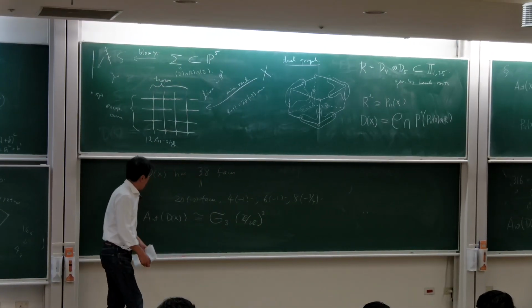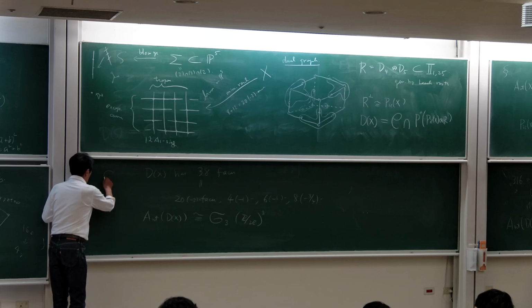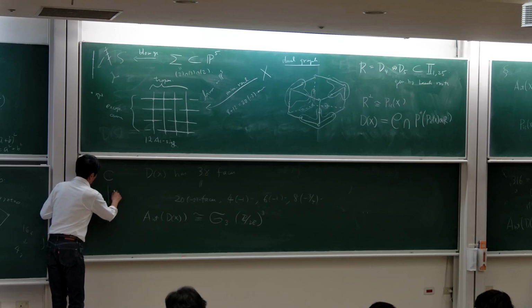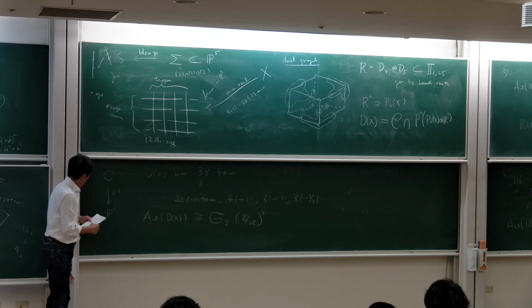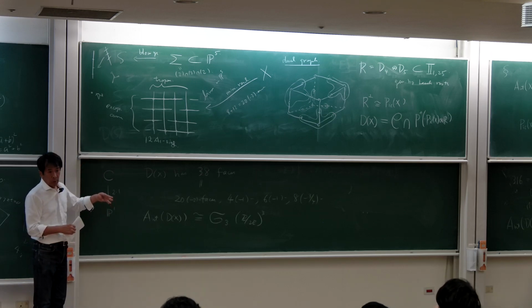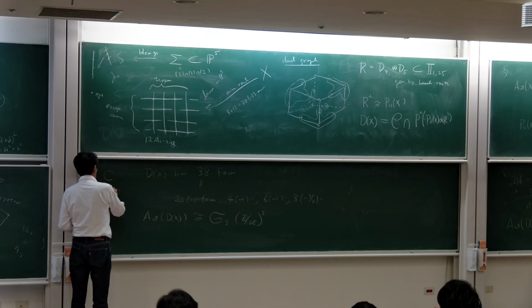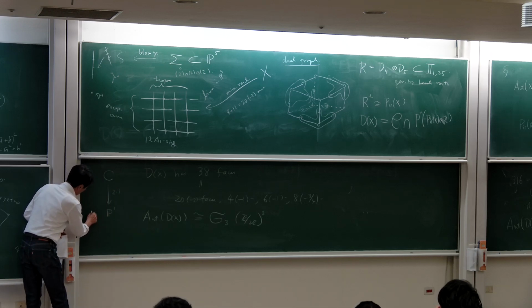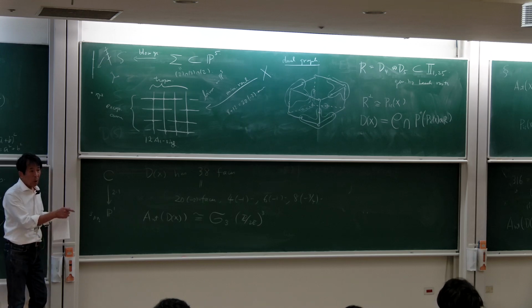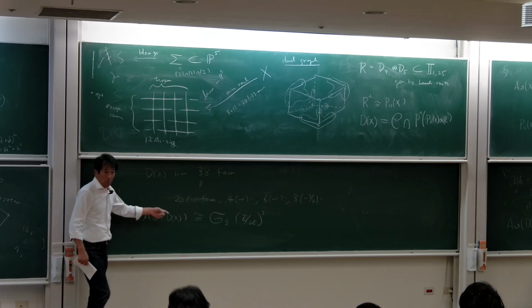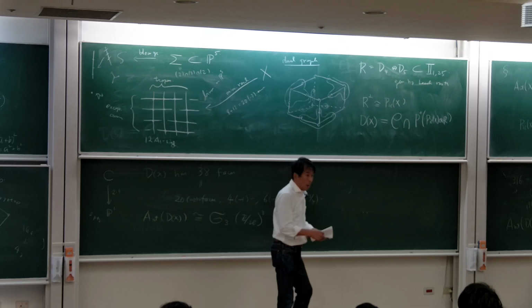In characteristic 0, a hyperelliptic curve of genus 2 has 6 branch points, so S6 naturally acts. But in characteristic 2, there are only 3 branch points. So the permutation of the 3 points appears here.